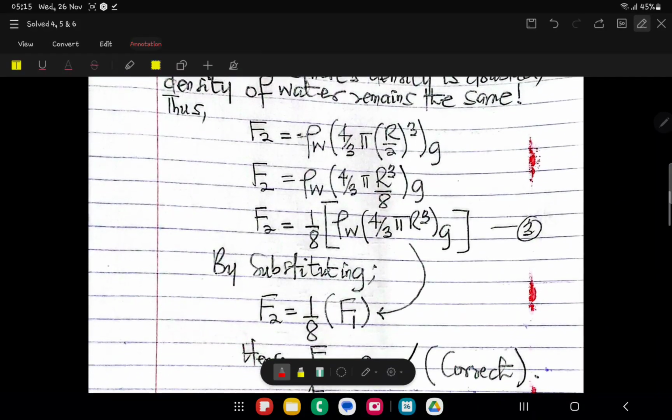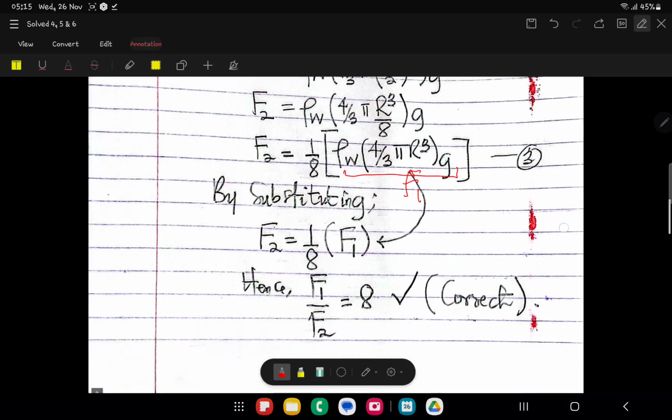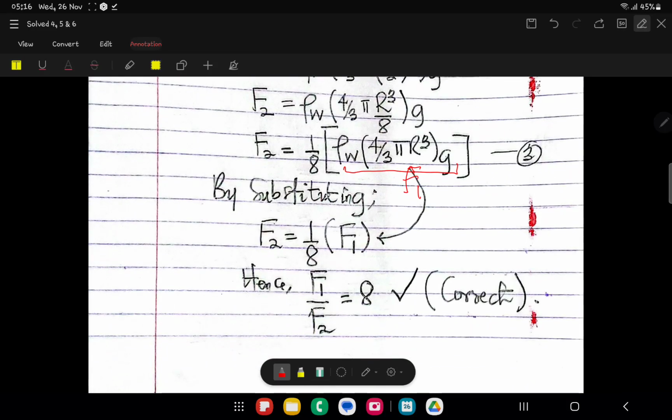So the whole of this expression stands for F1. When we simplify, the ratio of F1 over F2 is equal to 8. Mind you, this is a very, very important solution. So our correct answer is not 4, but 8.